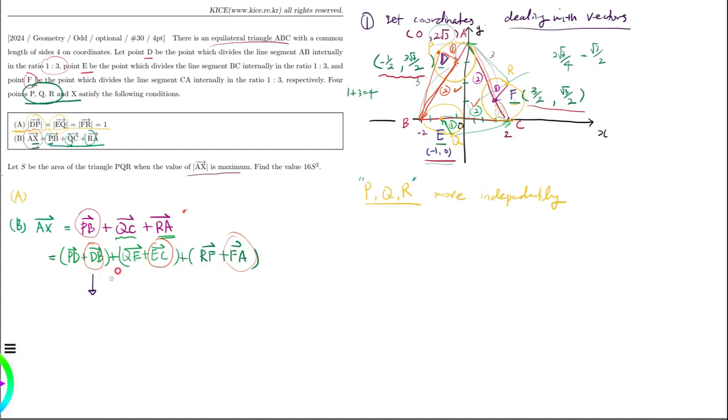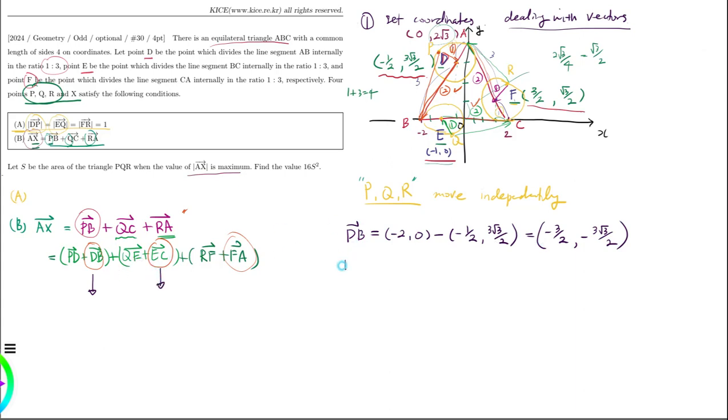So for the vector DB, the coordinate is B coordinate minus D coordinate, negative 1/2, comma 3 times square root of 3 over 2, which is negative 3/2, comma negative 3 square root of 3 over 2.